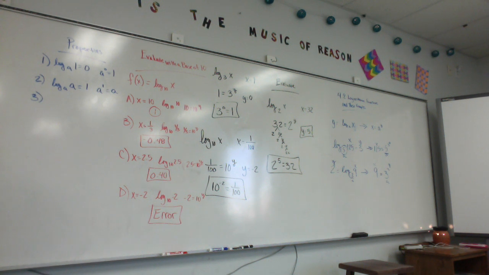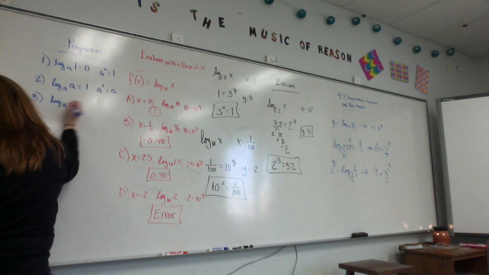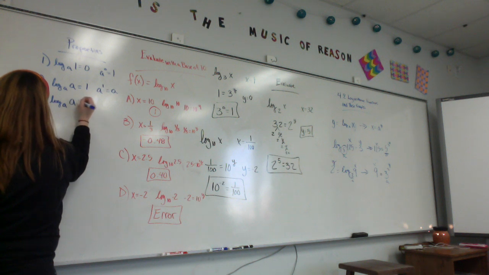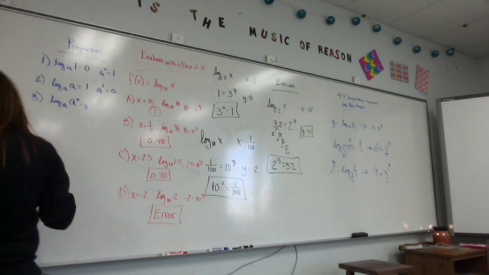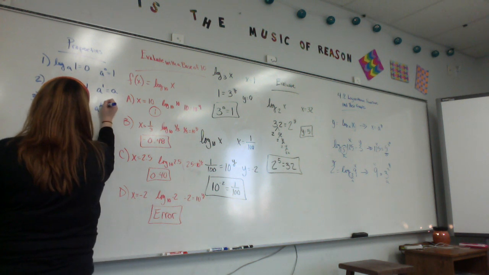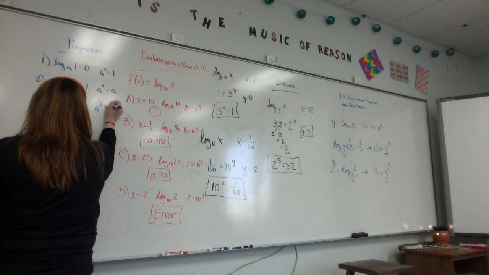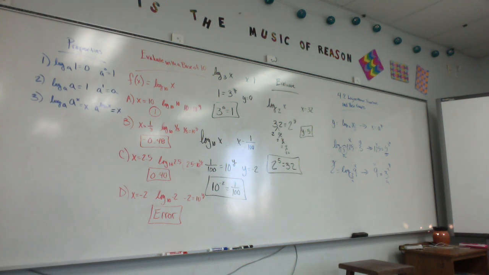The third property tells me if I have log base a of a to the x equals x, then that means that I can rewrite it as a to the log base a of x equals x. And it's going to allow me to cancel things out so I can get a solution.